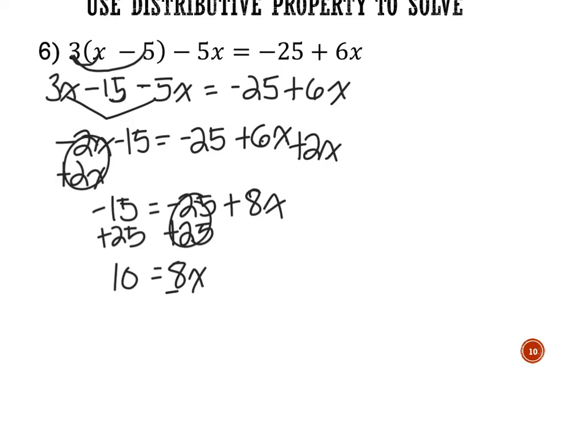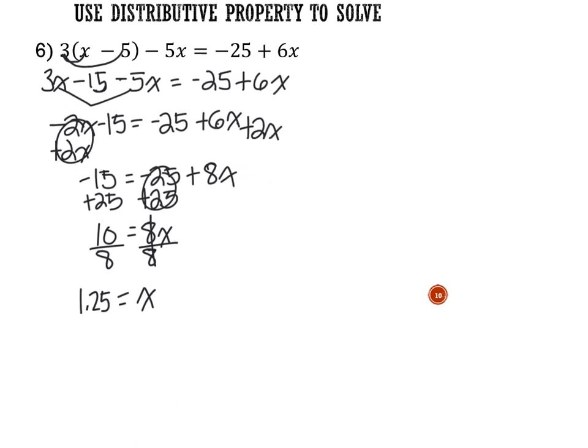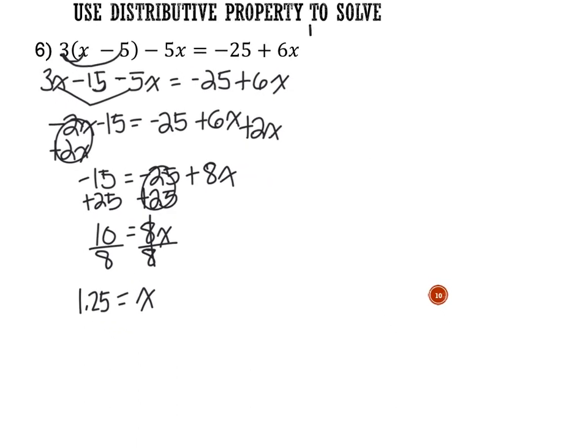To get x by itself, I'm going to divide by 8. 8 divided by 8 is 1. 10 divided by 8 equals 1.25. Okay? Put it as a decimal to help me when I'm checking my problem. So now we'll move that over so I have a little bit more room to check it.